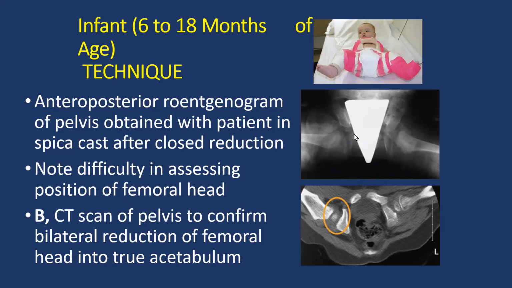We still cannot see it in this plain X-ray. Okay, but CT scans confirm bilateral reduction of the femoral head in the acetabulum. Shown, it's still in the acetabulum. It's well reduced.